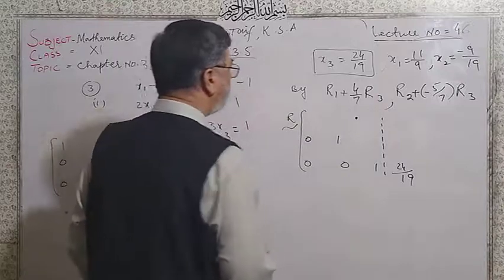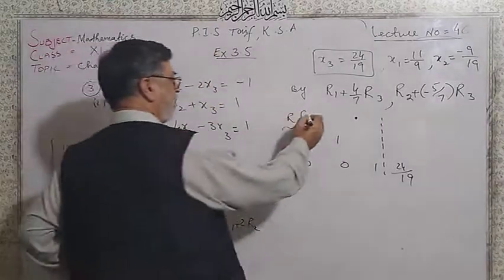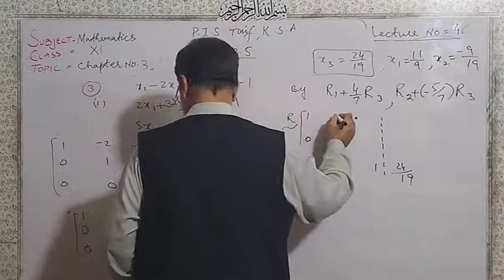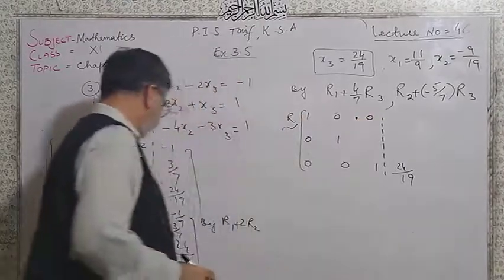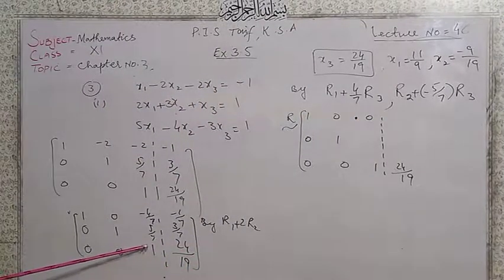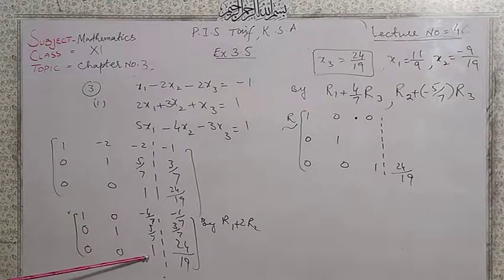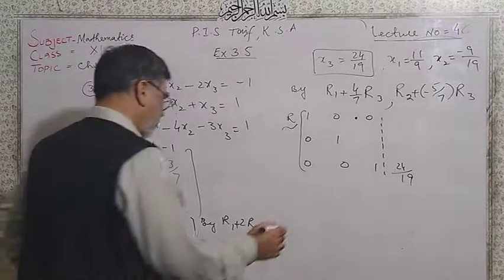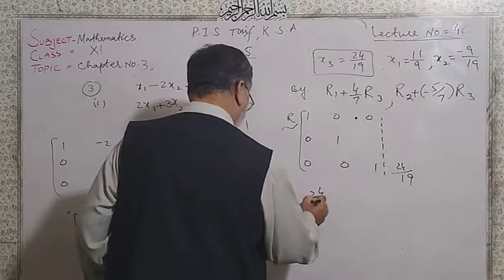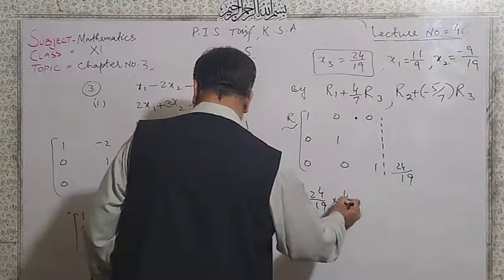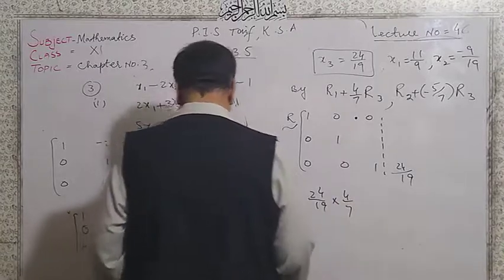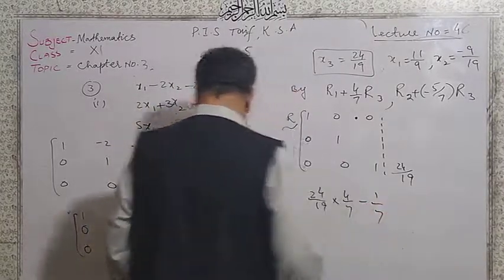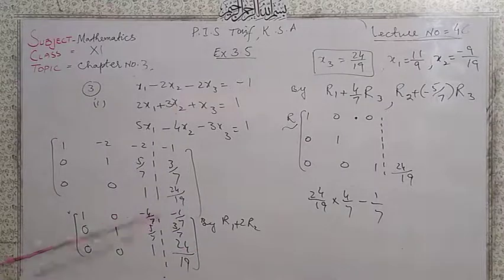This is R1, so we will write down first R1: 1, 0 and 0. This is multiplied by 4 over 7 and added here to get 0. Now this 24 over 19 is multiplied by 4 over 7, then it is added here in R1.